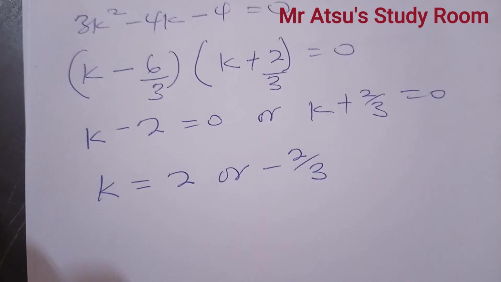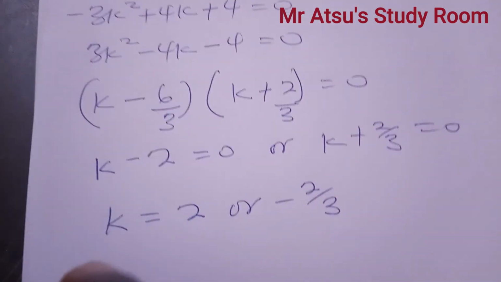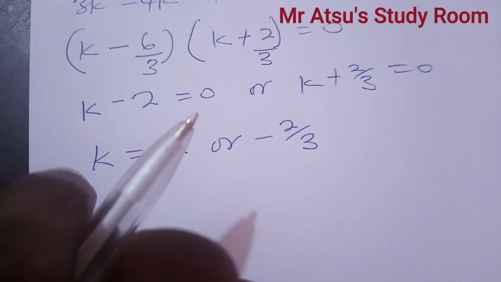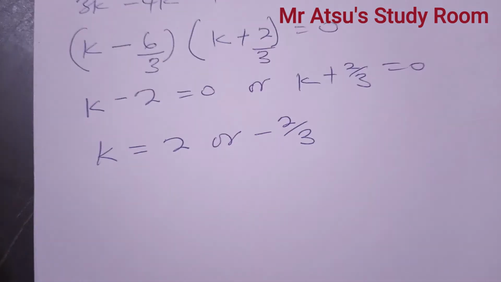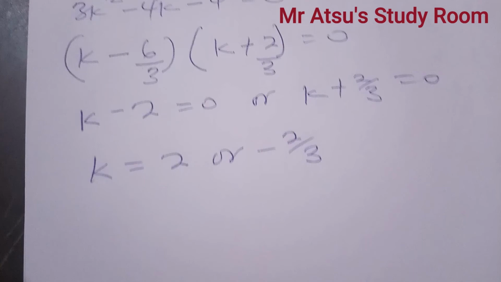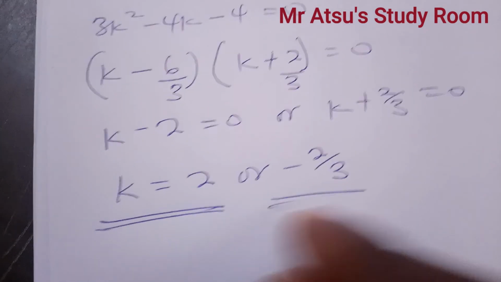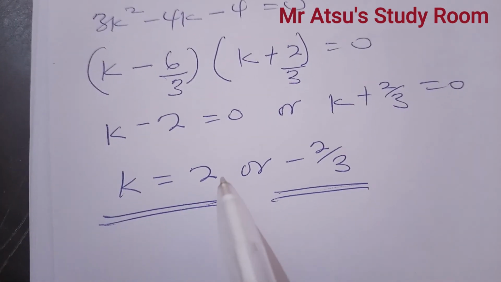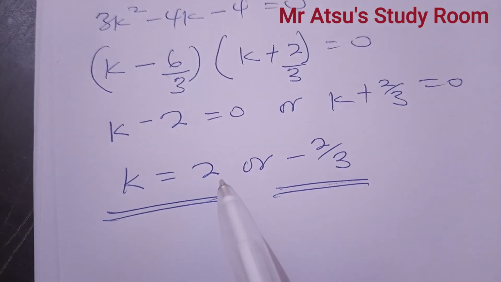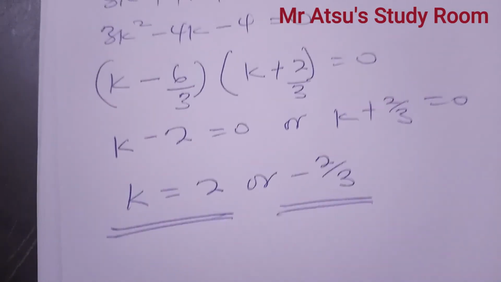So this means that this equation in the question will have equal roots if k equals 2 or k equals negative 2 over 3.